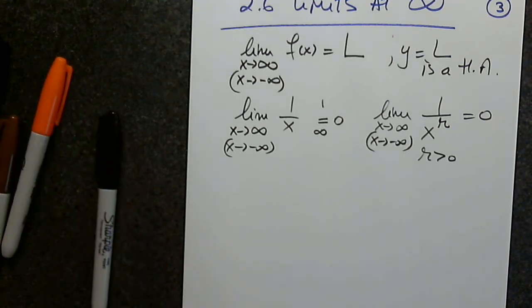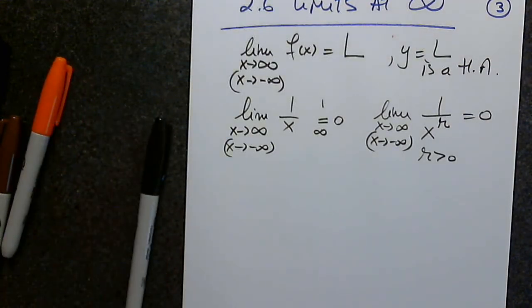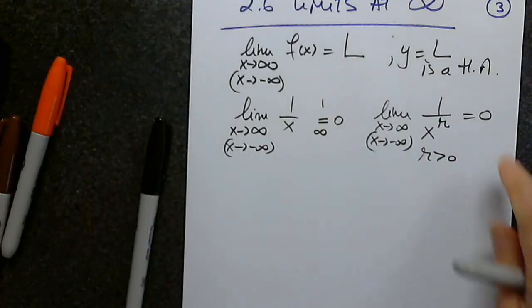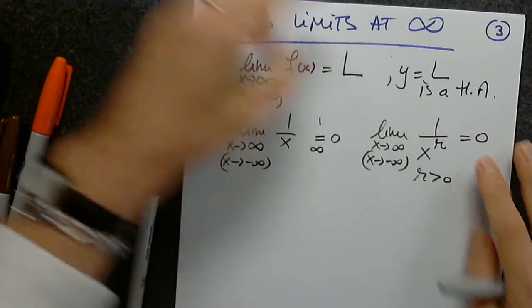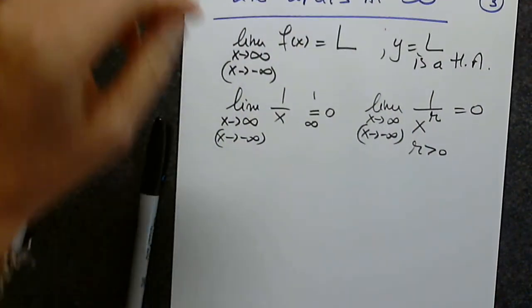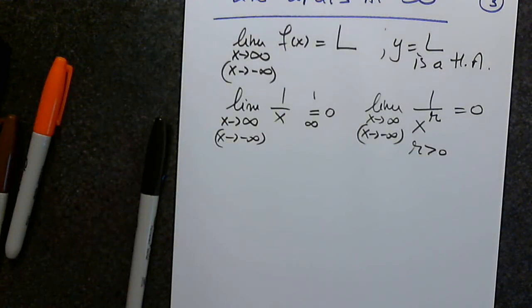Okay, so let's look at a few situations with limits at infinity. If you want, I can let you choose. What's the abbreviation? y equals L is horizontal asymptote. Bottom right, what's the x? This is r. R is the power of x as long as it's a positive number.